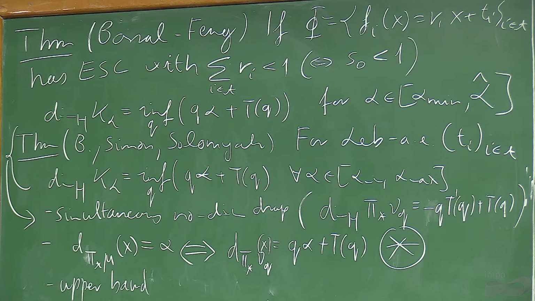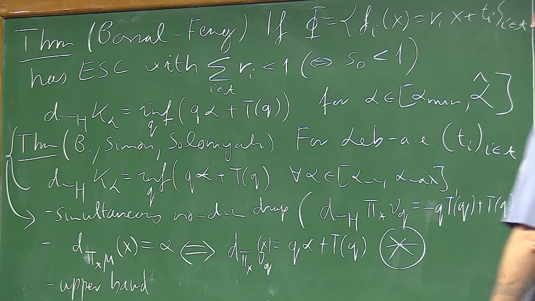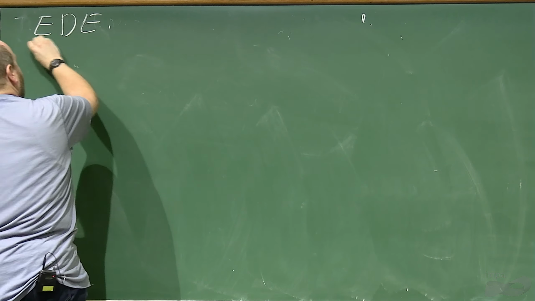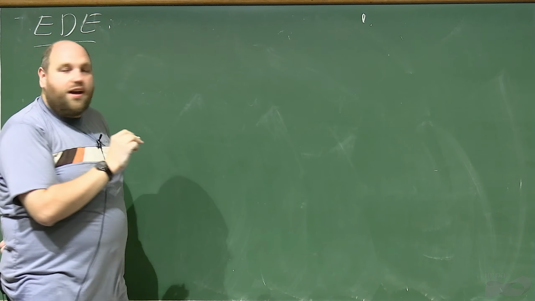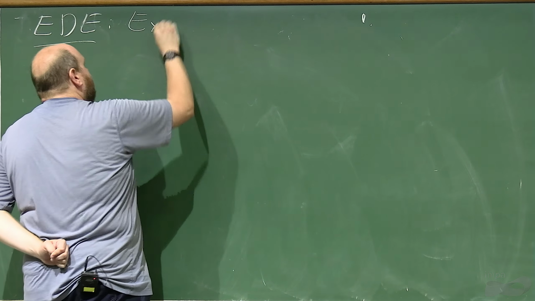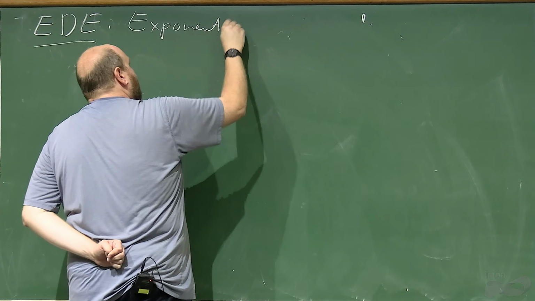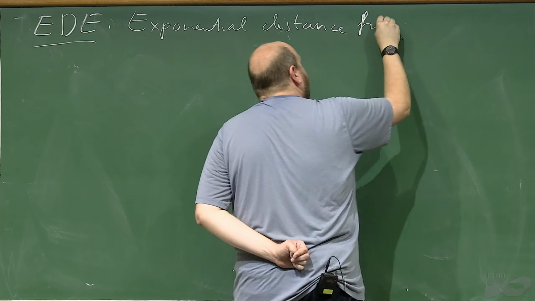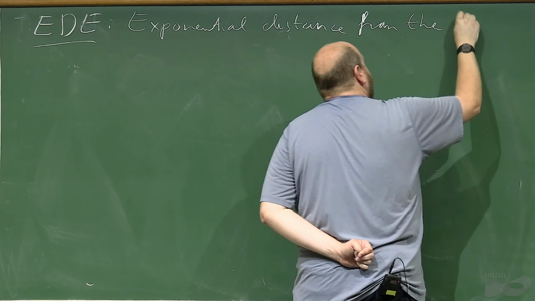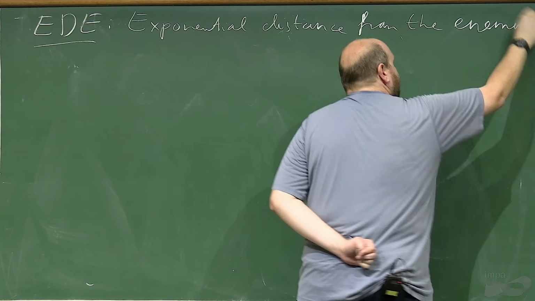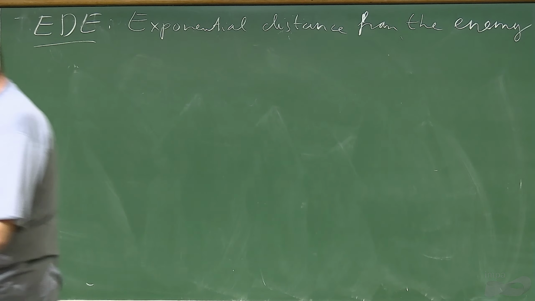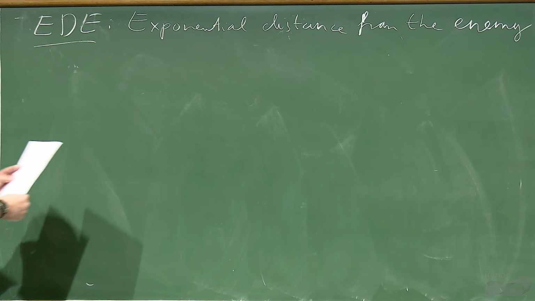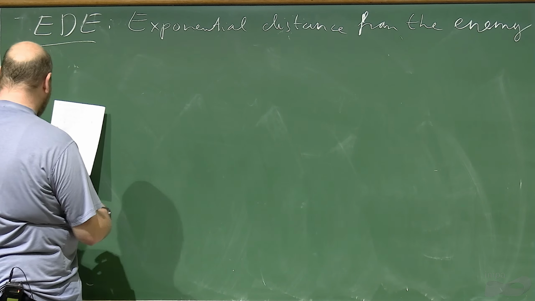For that, you can have the exponential distance from the enemy phenomenon. I'll tell you what it means. It says the following.